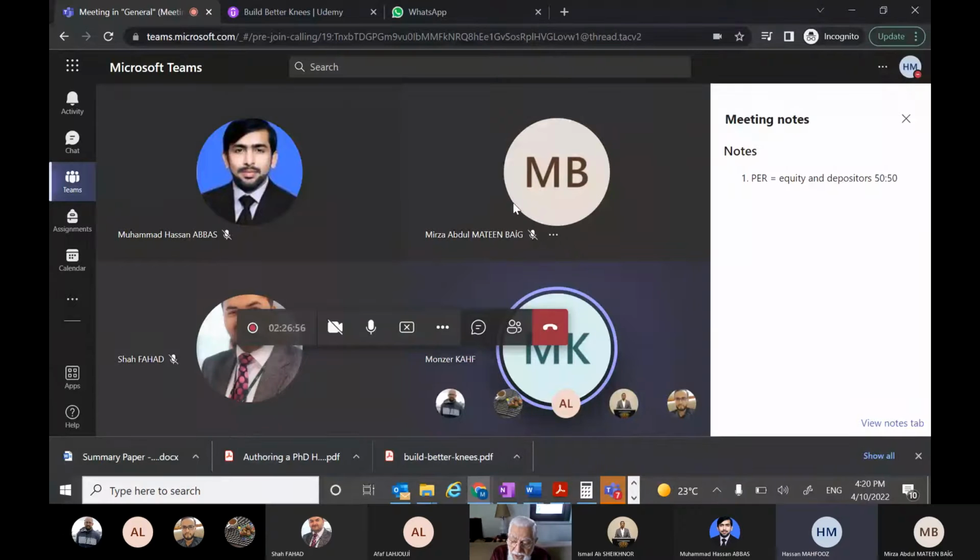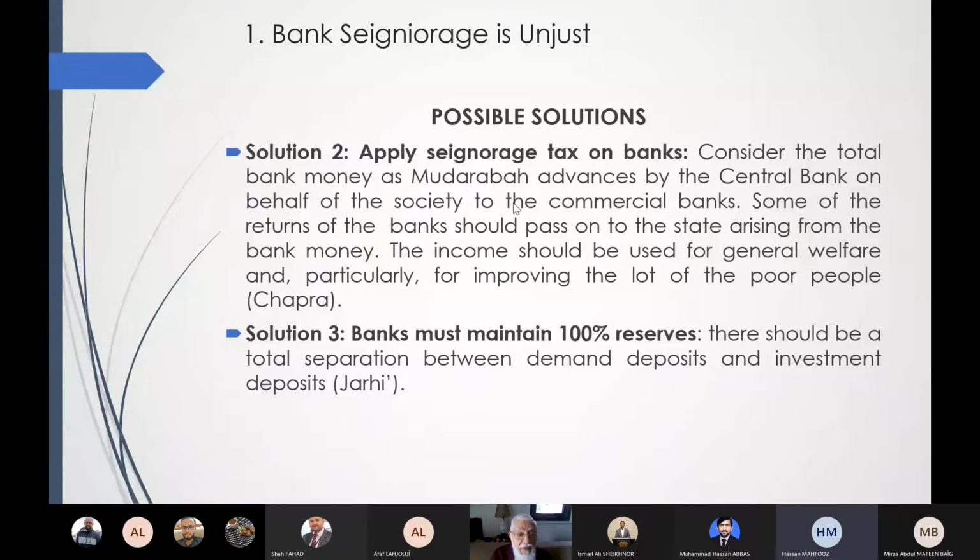Is the entity of a bank that accepts current accounts useful or not? If it is useful, burdening it with 100% reserves makes it really useless, and we would have to be charged for any service then. Truly, yes, you mentioned, Hassan, from Muhammad Umar Chapra, the beneficiaries of the money creation.